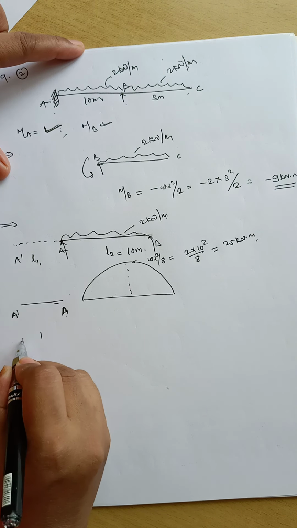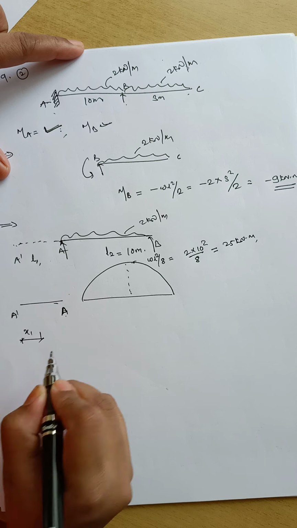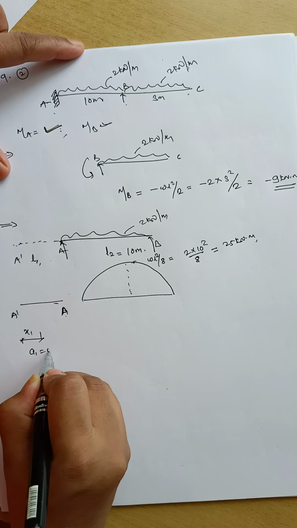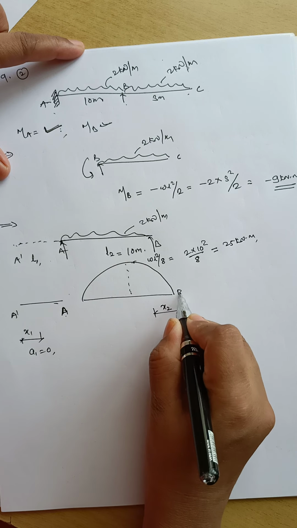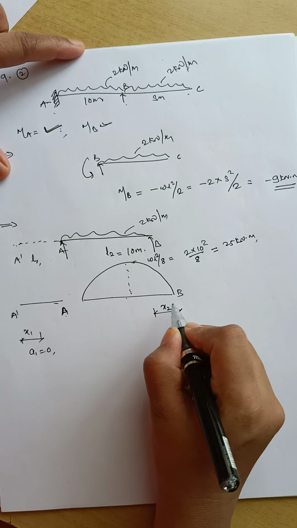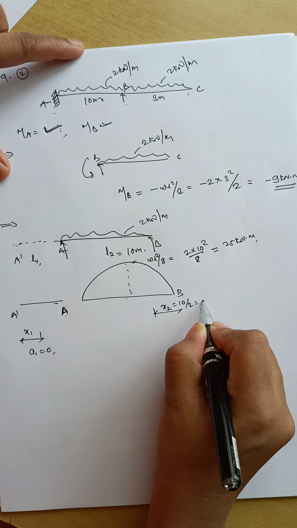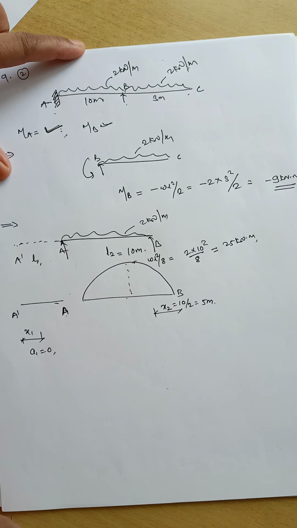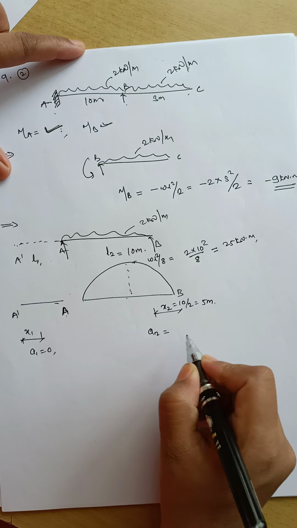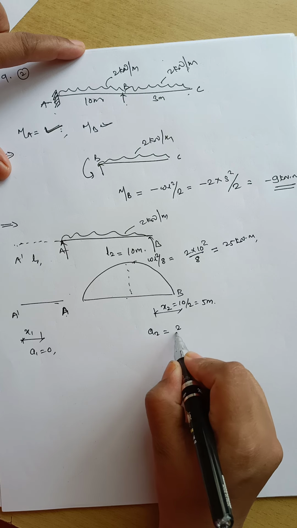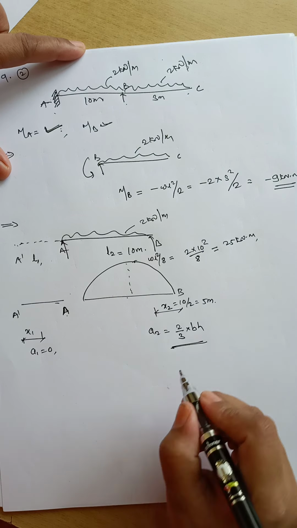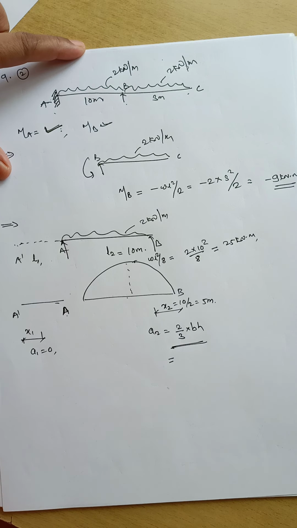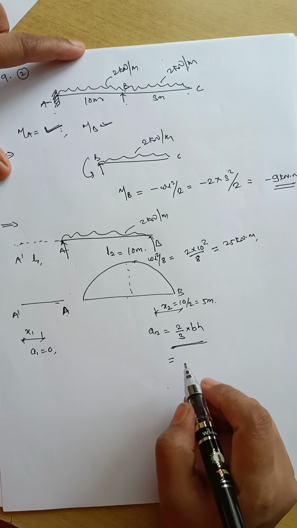Now I am noting here x1 has no value, area is 0. Then x2 from side B, the total distance is 10 meters, so 10 by 2, 5 meter is the distance. Area A2, the area of the parabola, is 2 by 3 into B into H. Keep it in your mind, it is used in different subjects also.